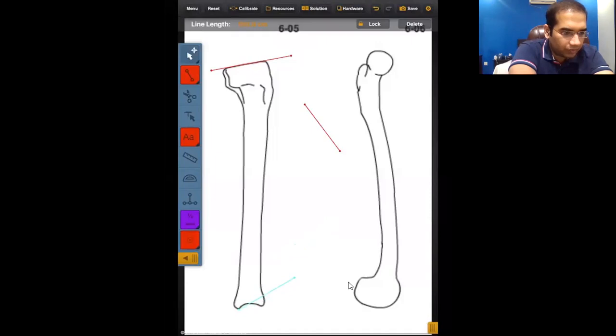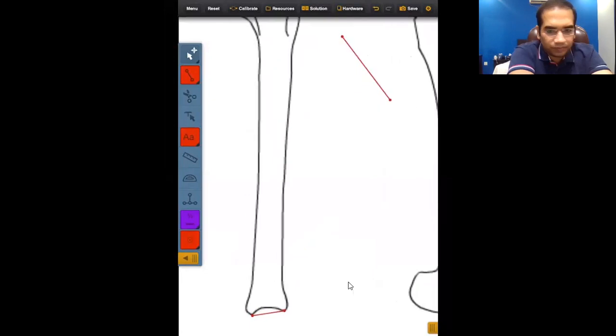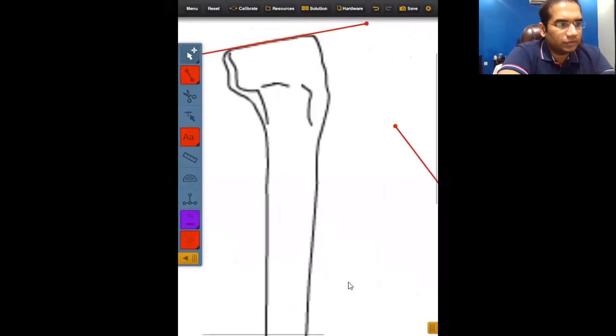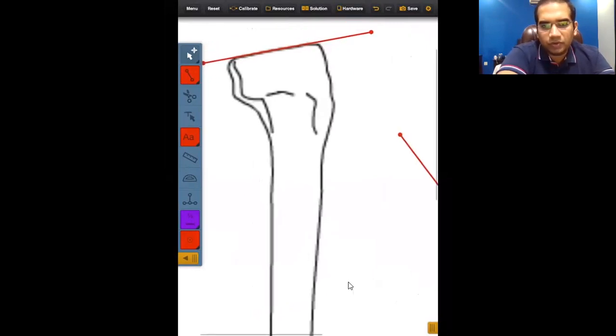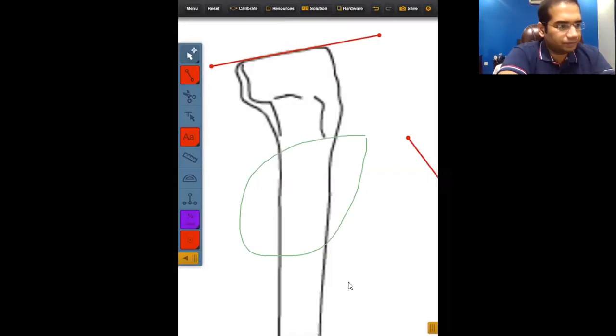Let me zoom things up for you. By connecting these 2 lines, you will get the joint orientation of the ankle, and the straight line will give you the joint orientation line of the tibia.